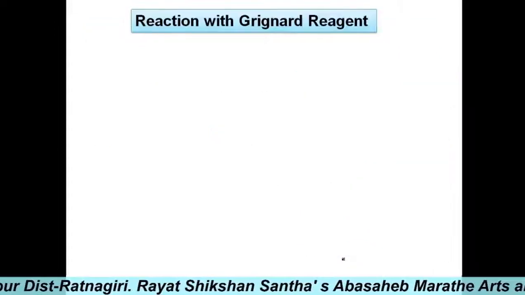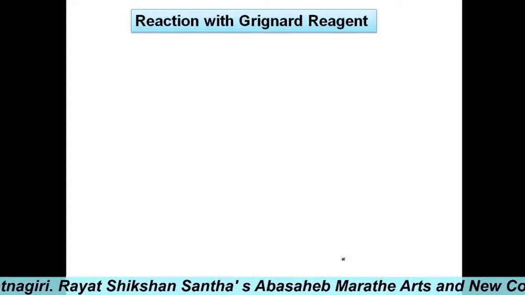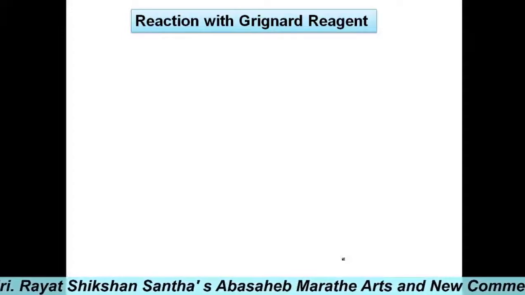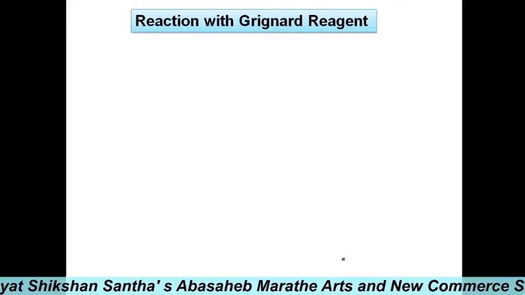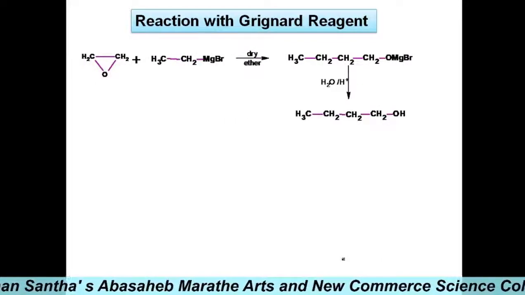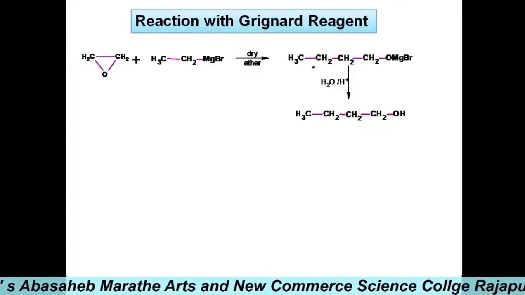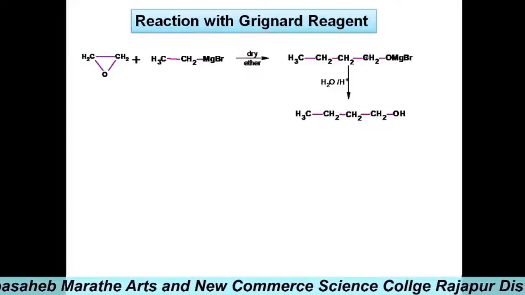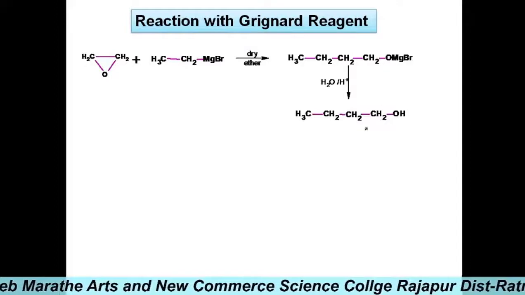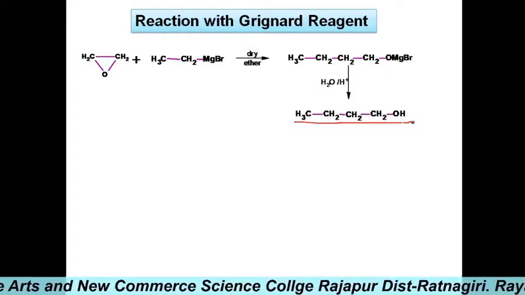Next, the reactions with Grignard reagents. Grignard reagents react with ethylene oxide to form an addition product like this, which on acid hydrolysis gives a primary alcohol.